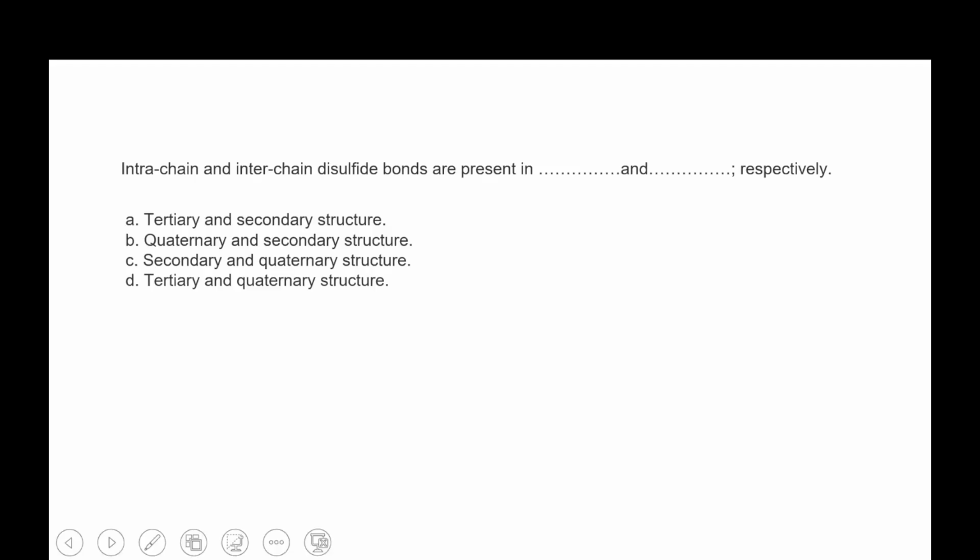In the case of amino acid structure, we have the alpha carbon, then CO, NH, then another carbon. If this is N, this is another carbon, N plus 1.